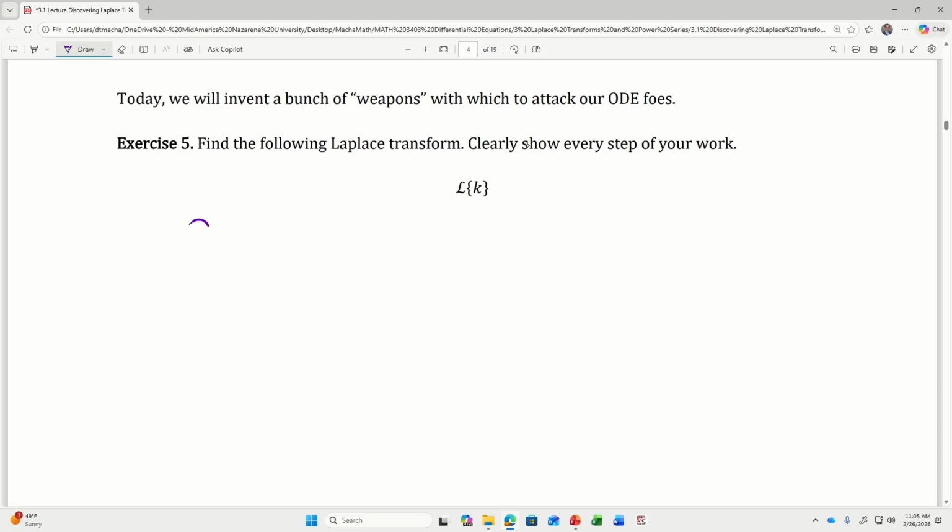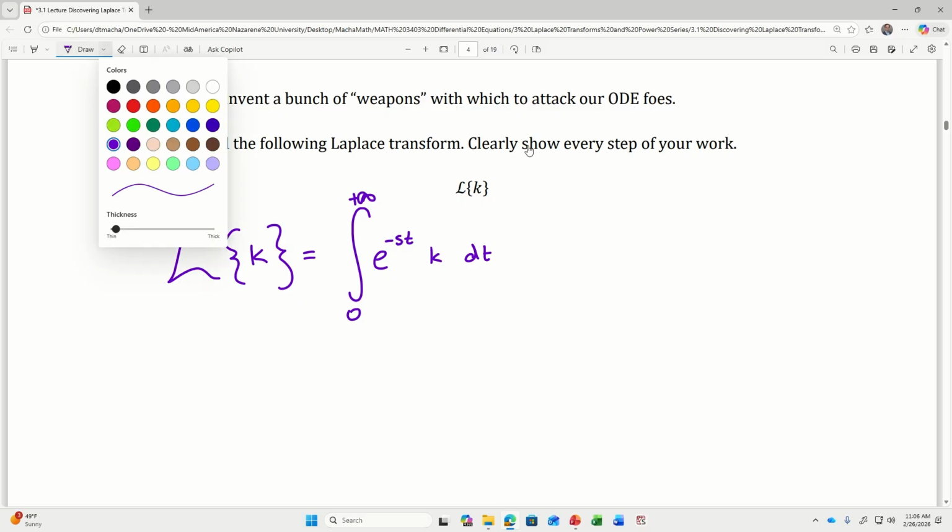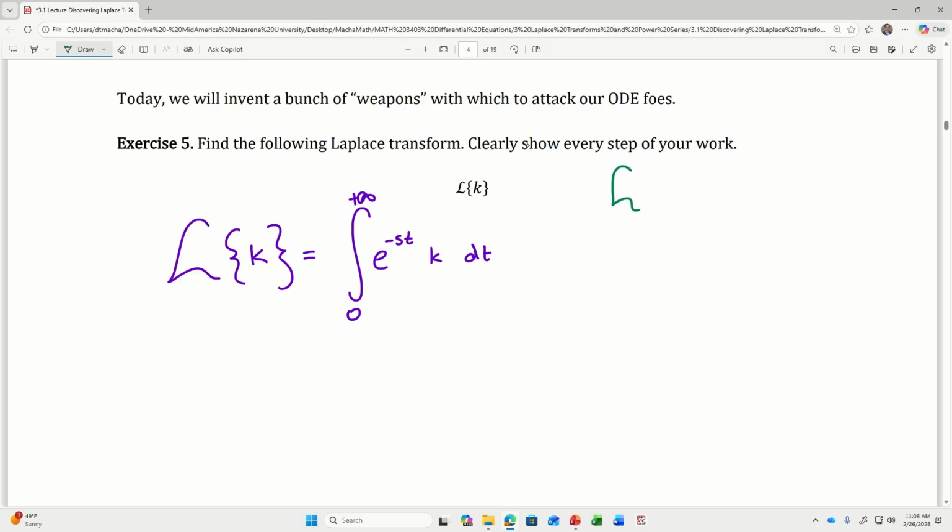So if I want the Laplace transform of a constant number k, this is the integral from 0 to infinity of e to the negative st times k dt. By definition, and if you haven't memorized the definition yet, shame on you.